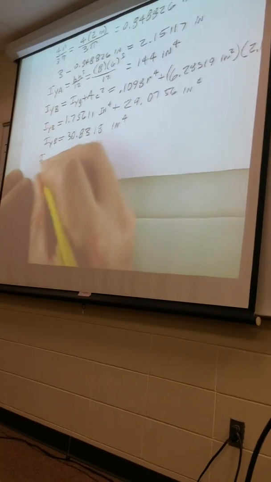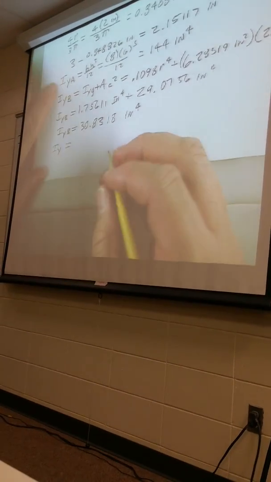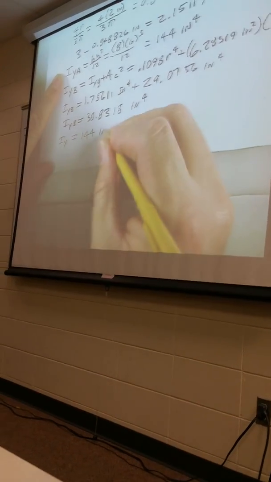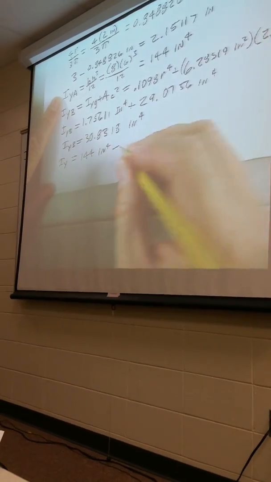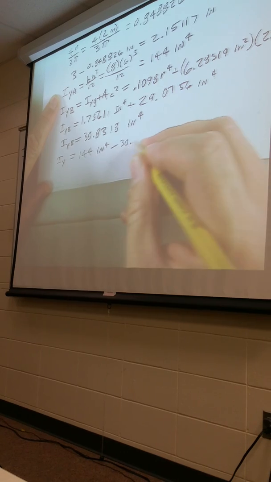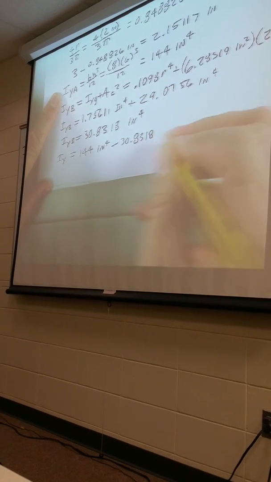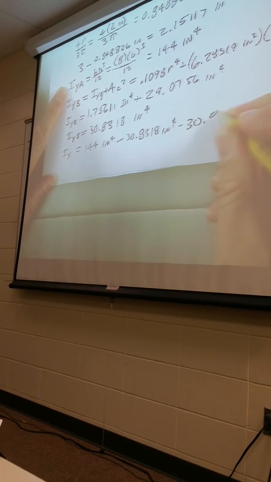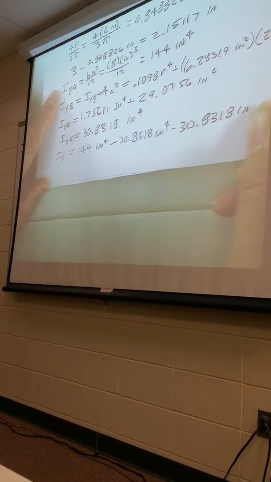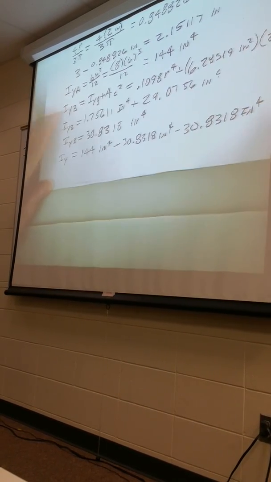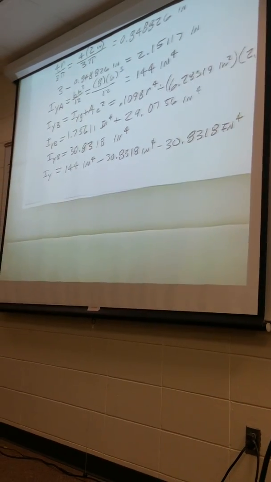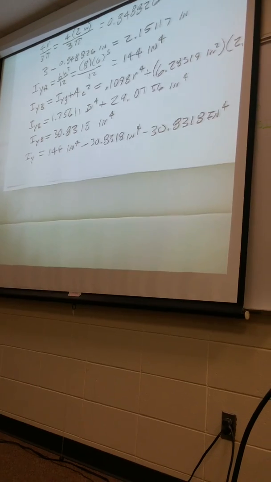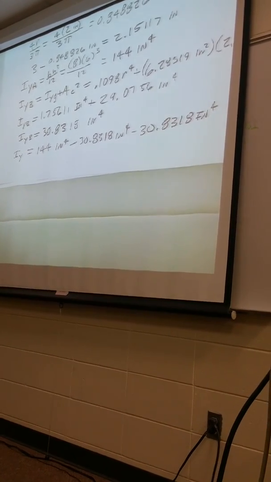So now if I want to find IY, I need to take the IYA, 144 inches to the 4th, minus 30.8318 inches to the 4th, minus 30.8318 inches to the 4th.